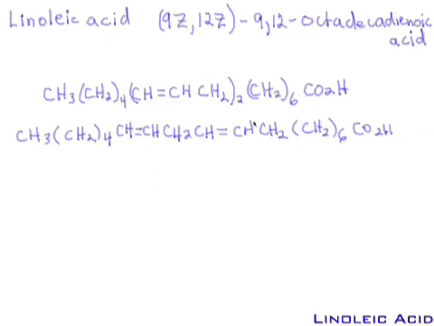Now, once again, if you have 18 carbons, but you add a third double bond, you don't have linoleic anymore, you have linolenic. So when you see linolenic acid, note, you have a third double bond. And let's draw its structure. CH3, CH2.